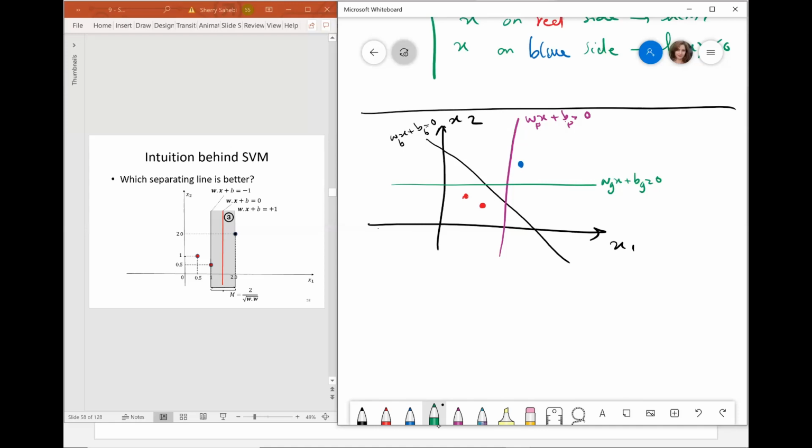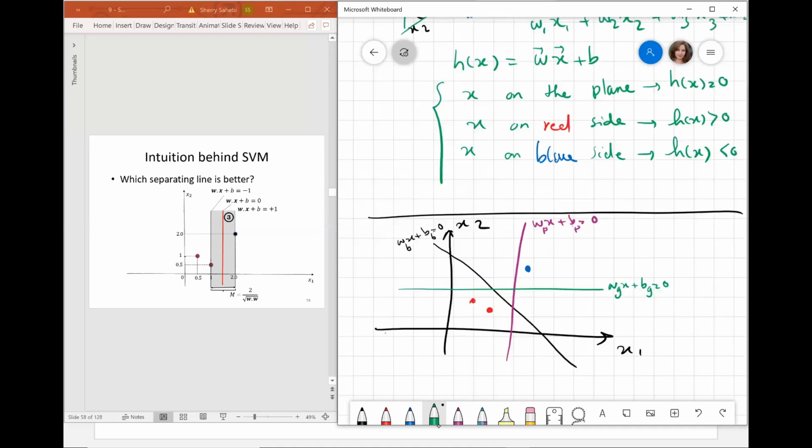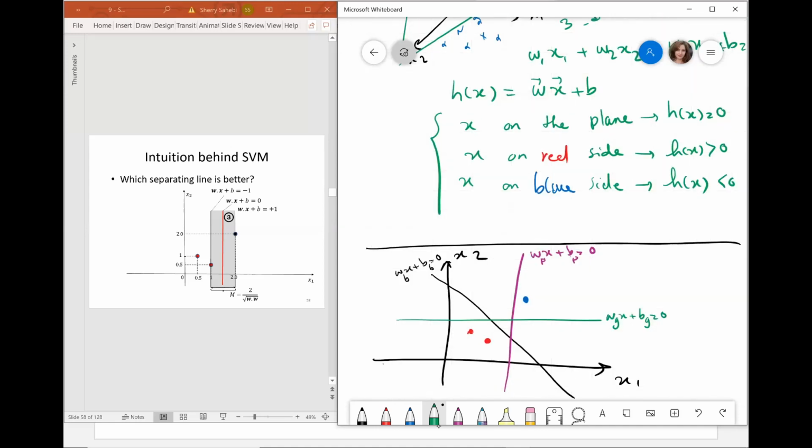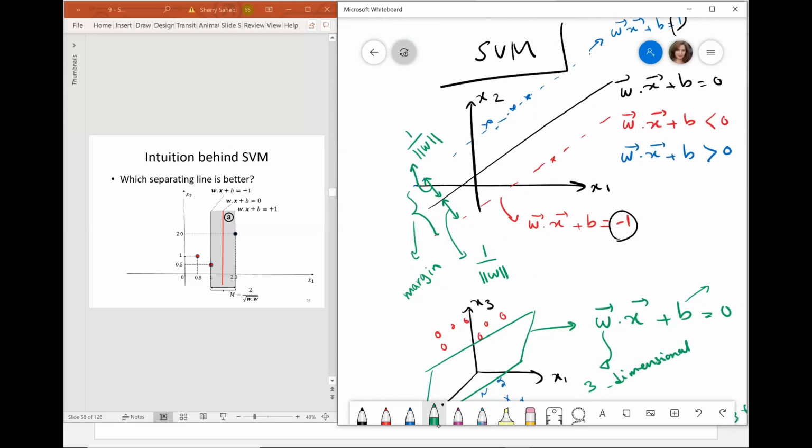To answer this question, we are going to look at the margins that are going to be created around each of these lines. Remember that when we had this black separator line, we had two margins around it. One that goes through the red side, the other one that goes through the blue side. And we wanted to have these two separator lines at equal distance.